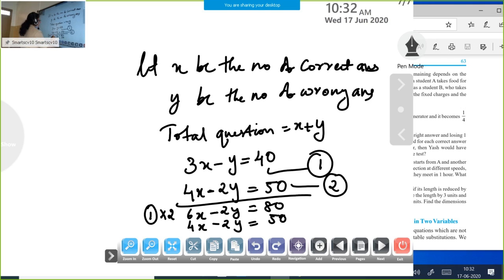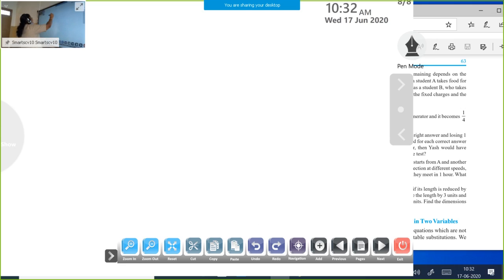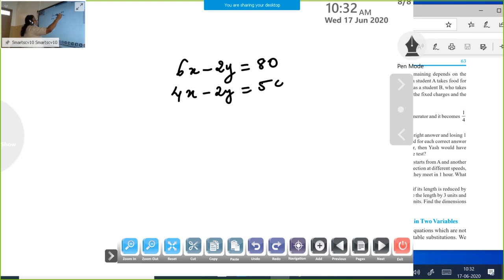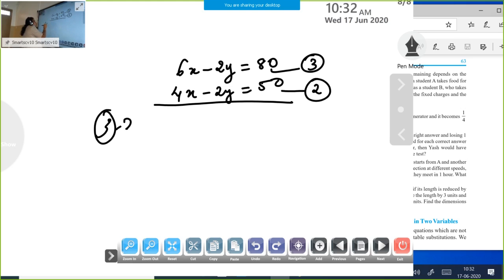Then subtract. That is equation number 3 minus equation number 2.